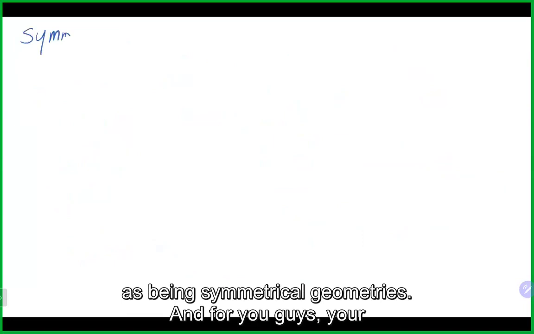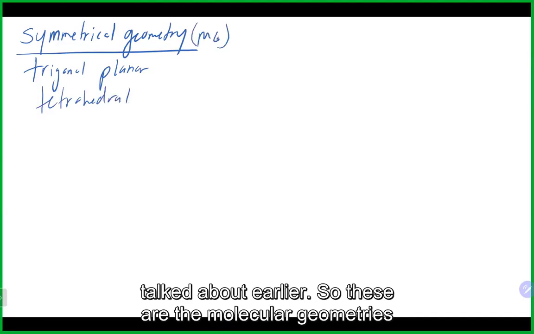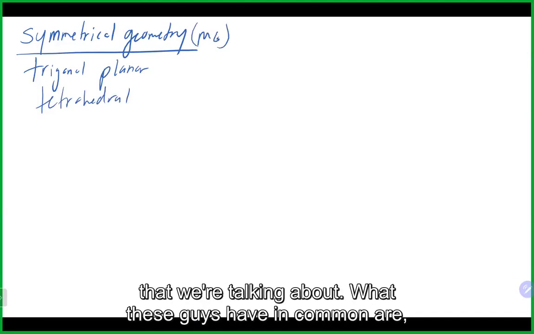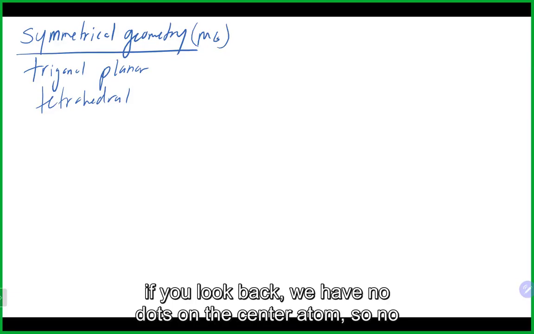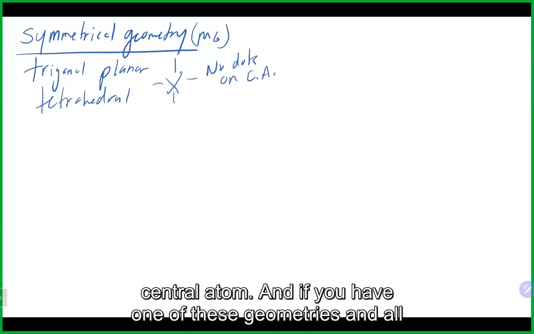There are certain geometries which are referred to as being symmetrical geometries. And for you guys, your symmetrical geometries are trigonal planar and tetrahedral. These are the molecular geometries that we talked about earlier. What these guys have in common, if you look back, is that we have no dots on the center atom, so no non-bonding electrons on the central atom.